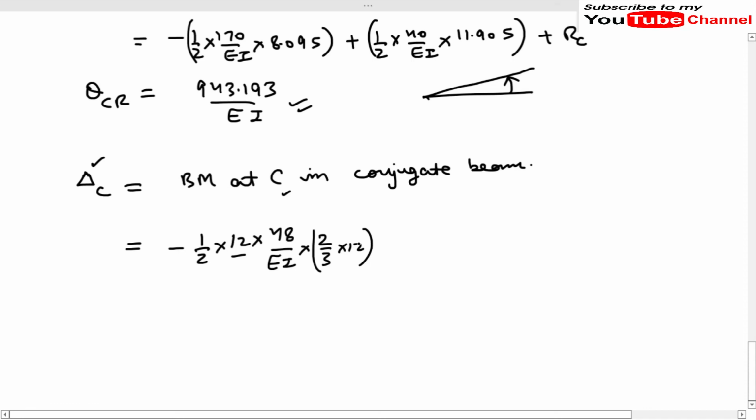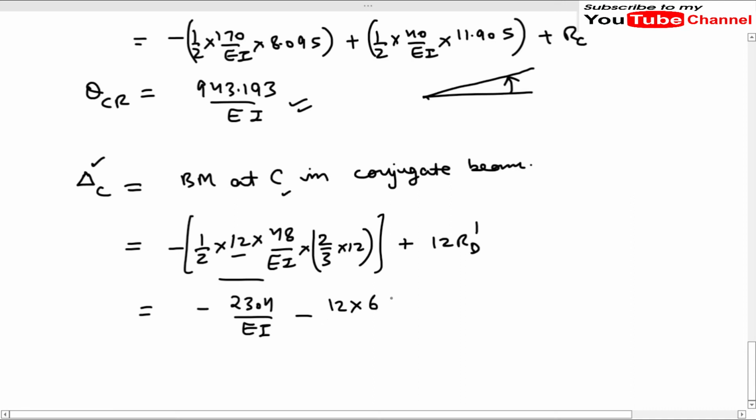So 2 by 3 is the distance of CG of that triangle from point C, and we will have 12 RD dash. Okay, and we know the value of RD dash, which I will just write first, so you can calculate this value. So after calculation you will get 2304 divided by EI minus, okay, the value of RD dash is negative, so I have put a negative sign here.